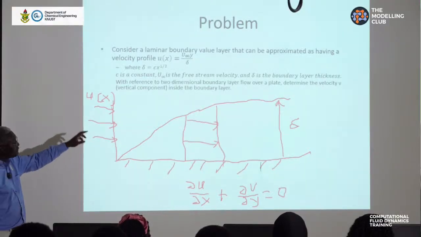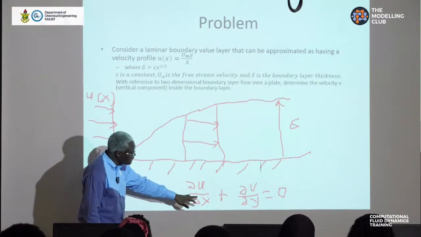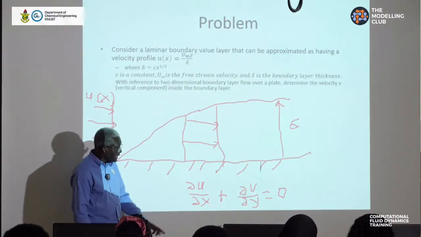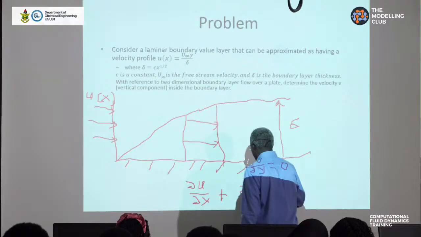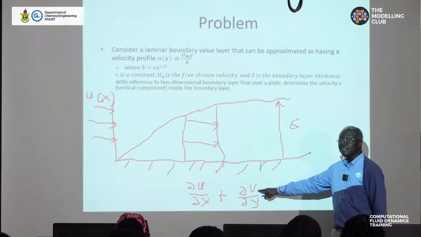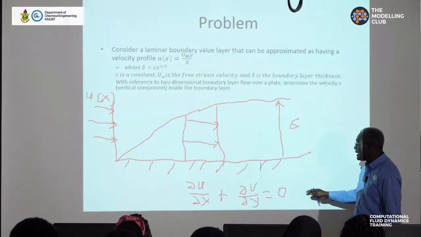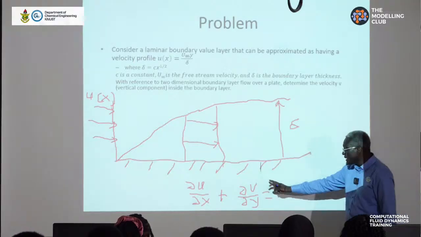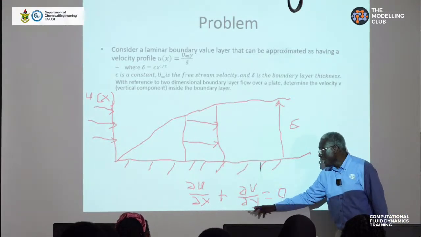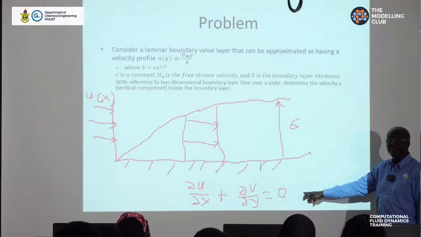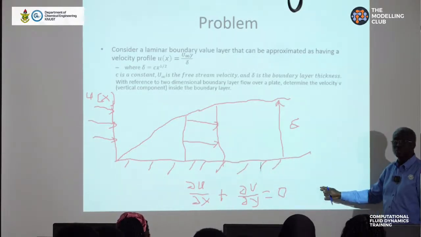Yes, we first have to find partial du dx. Because as you see, we want to find this v, right? So if we bring du dx to this side of the equation, that gives us dv dy on this side, and then if we integrate, that would give us the solution.